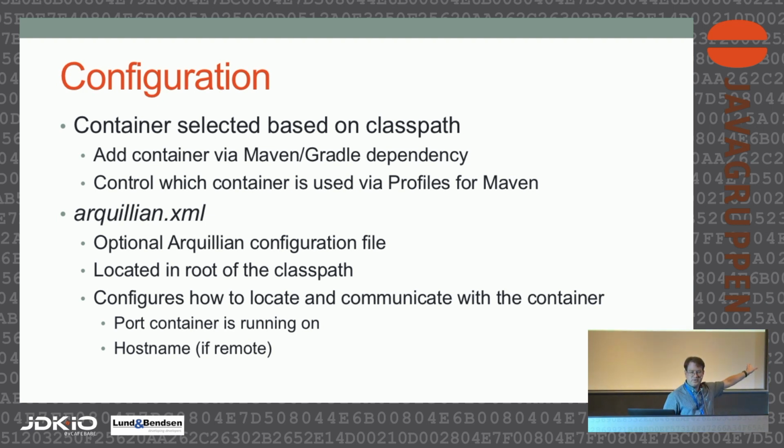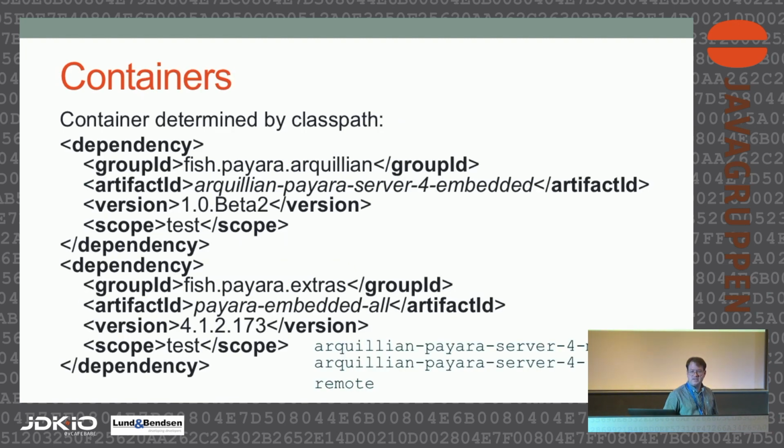So the main thing, and that's the only thing that you really need to know, is arquillian.xml for configuring it. As I mentioned, the containers are picked off the class path. So in this case right here, I'm using Arquillian Weld for embedded. If I'm doing managed or remote, I'd pick one of the other dependencies.